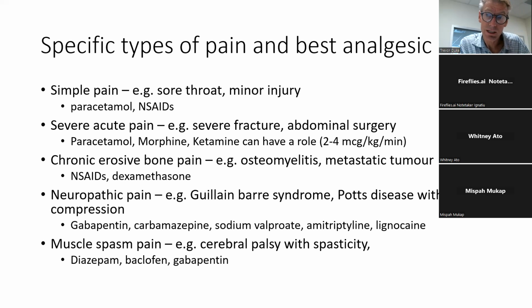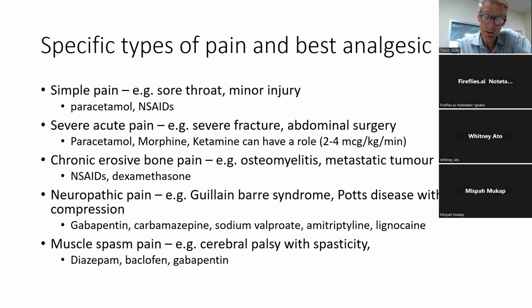But there are some other agents that are particularly useful for neuropathic pain, and depending on the availability of medicines, you might have gabapentin available, which is perhaps one of the better drugs for neuropathic pain, or carbamazepine, the anti-epileptic, or sodium valproate. Sodium valproate is probably a bit better, but it's not always available.